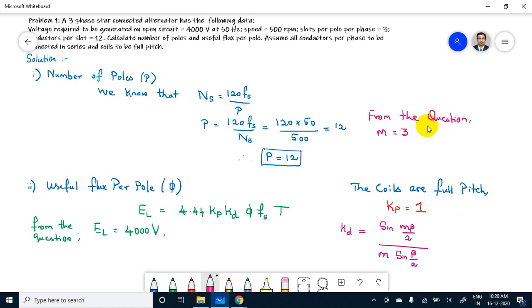What happened to beta? How to find beta? Angular displacement, beta equal to 180 degree divided by n. So n value how much? n, number of slots per pole.